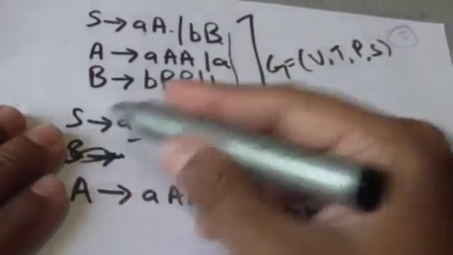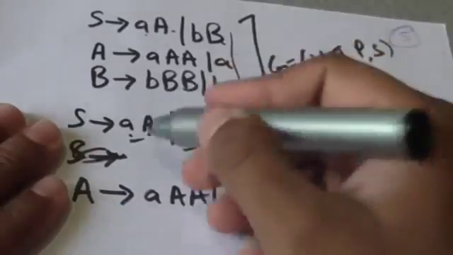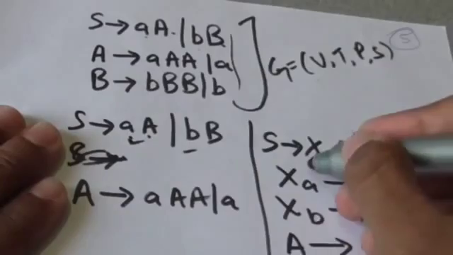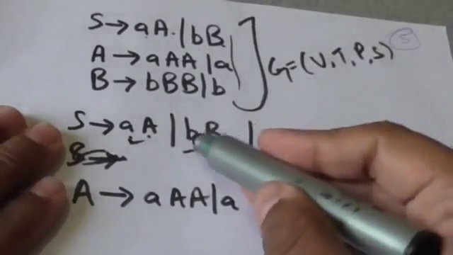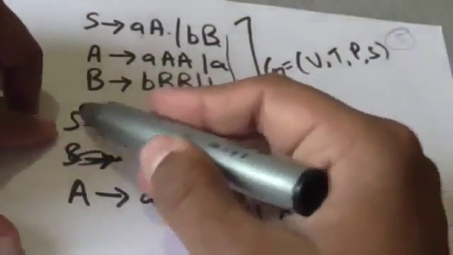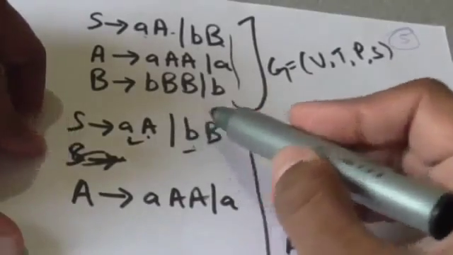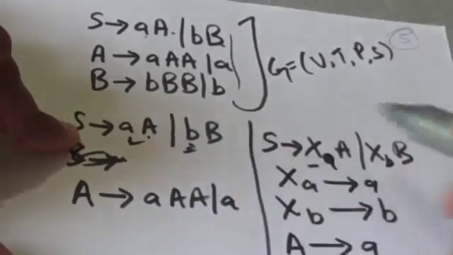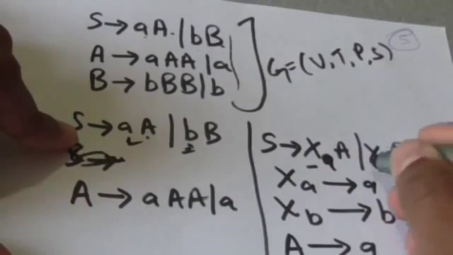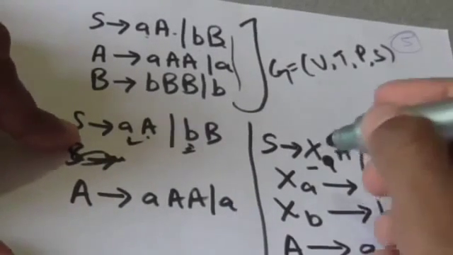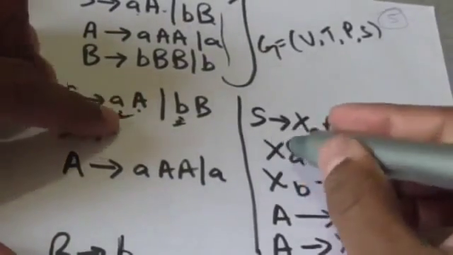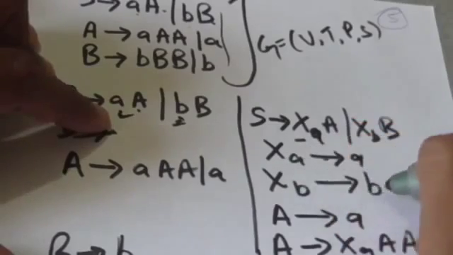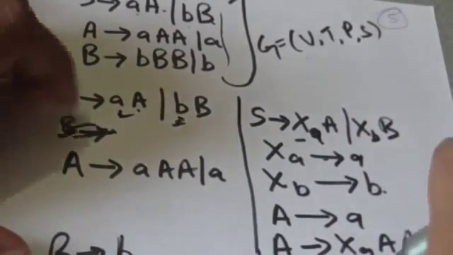See, in this production, S derives AA. We will replace this terminal A by variable XA. In this production, S derives BB, we will replace this terminal B by variable XB. Right, and we will add two new productions: XA derives A, XB derives B, right?